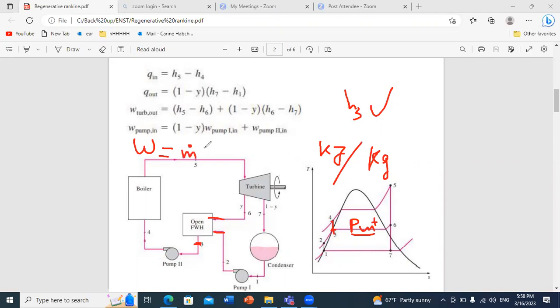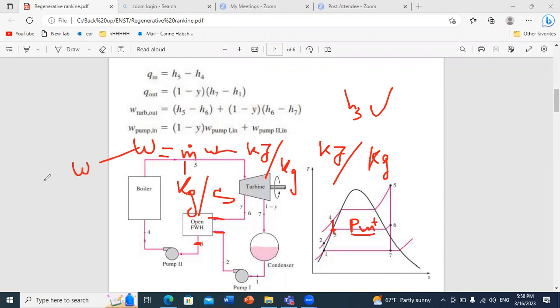So to get the value in power, you have the power is m dot, which is in kilogram per second, times the specific work, which is in kilojoule per kilogram. So when you multiply w by m dot, you can get the value in watt.